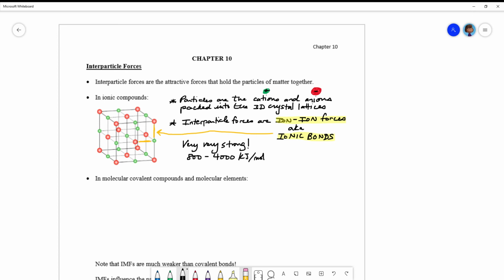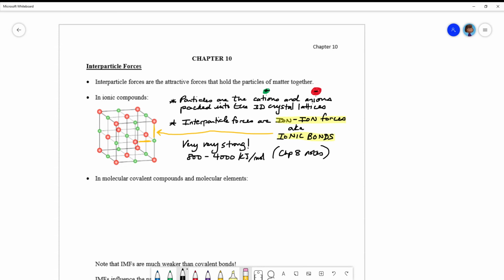And we found out back in Chapter 8 that some of the factors that affect the strength of an ionic bond were the charges on the ions and the ion sizes. So you may want to take a look back over your Chapter 8 notes, where you can review what factors affect how strong or less strong an ionic bond is. They're all very, very strong.